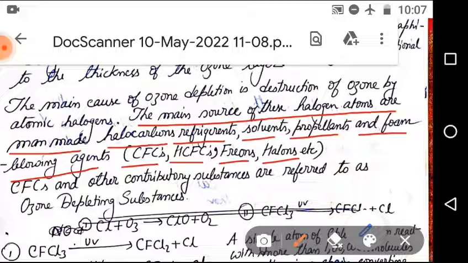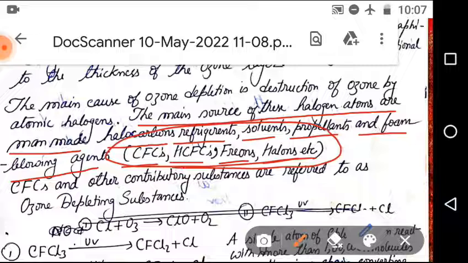These are some common substances which are actually prepared by human beings, and these are all ozone depleting substances. That means they will degrade the ozone in the stratosphere. So the rate of breaking of the ozone layer is going to be more than its formation.